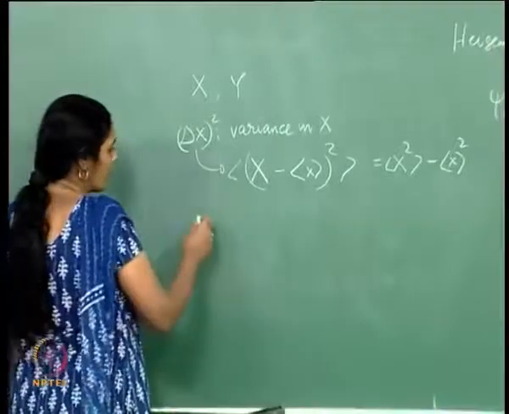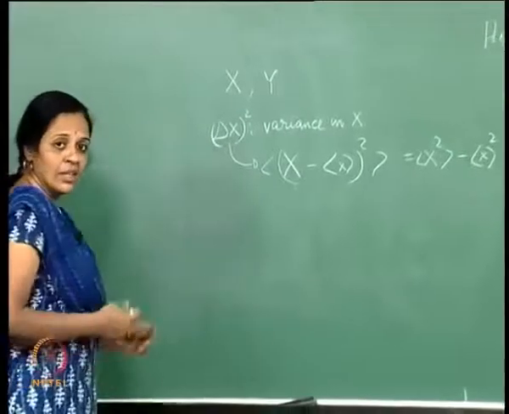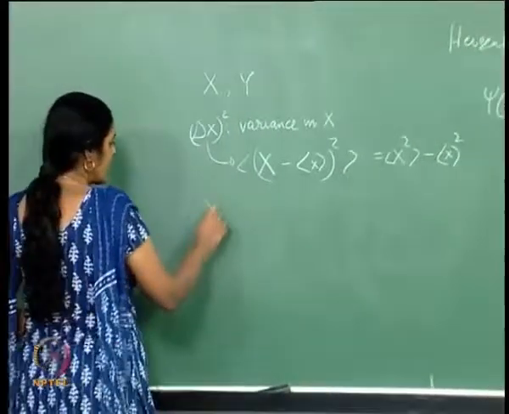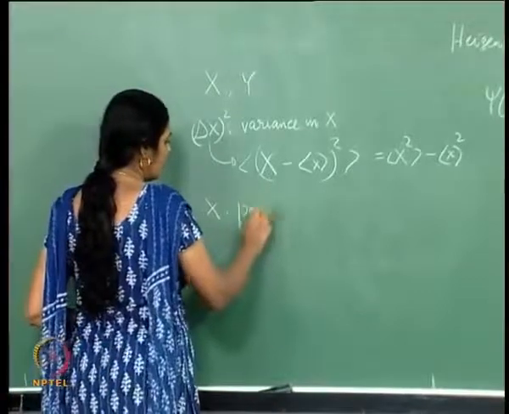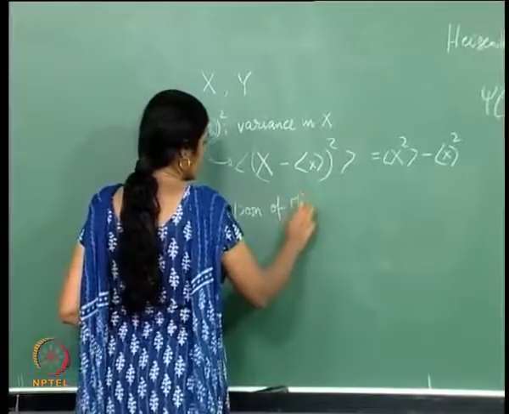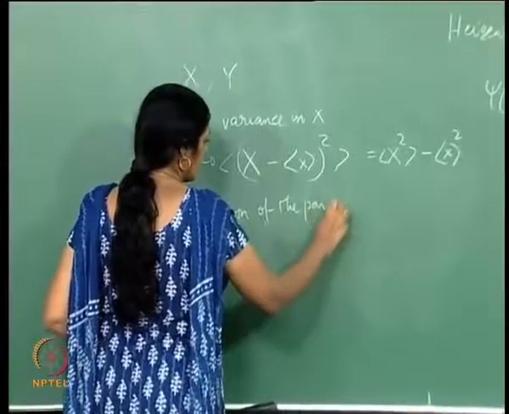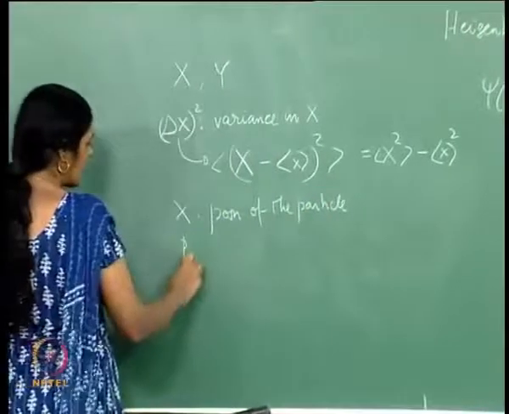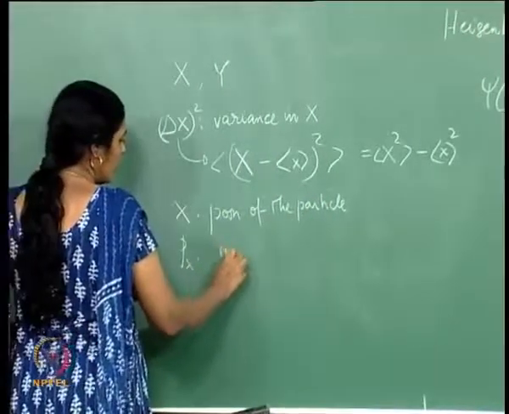In the particular case of a particle moving along the x axis, let x denote the position of the particle, and p sub x the momentum, linear momentum.